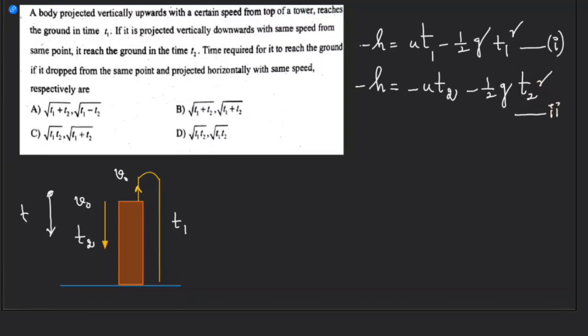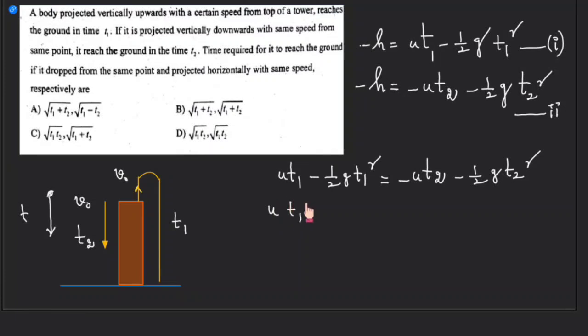Now you can equate these two equations. So u t1 minus half g t1 squared equals minus u t2 minus half g t2 squared. Bring all the u terms to one side and all the g terms to the other.